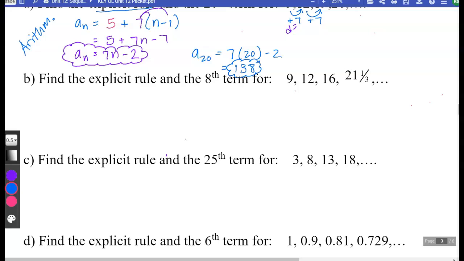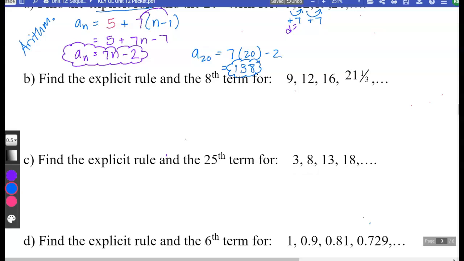So I need to check, am I multiplying? Now, like I said, it's not so easy sometimes to see what you're multiplying by because you don't have to be multiplying by a whole number. To go from 9 to 12, we're definitely not multiplying by a whole number.